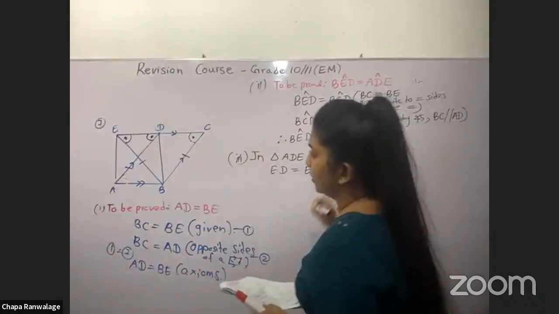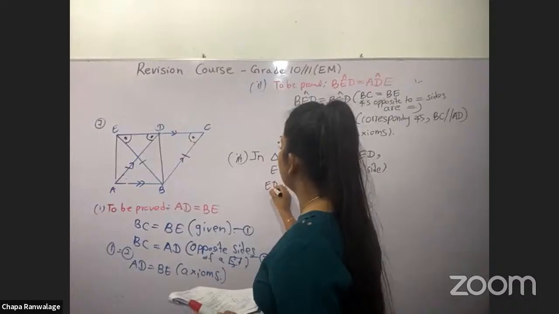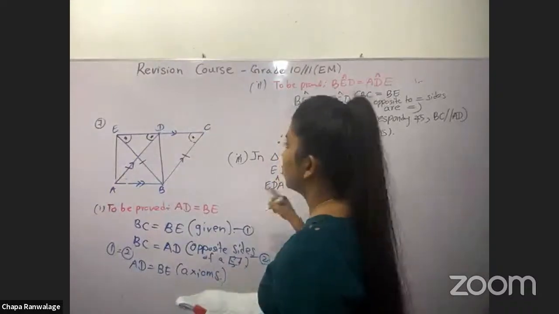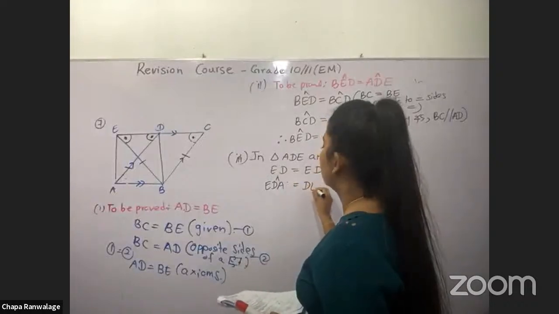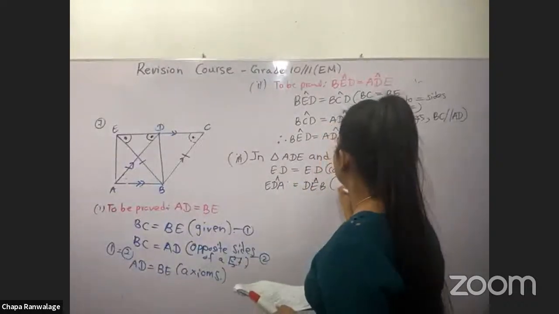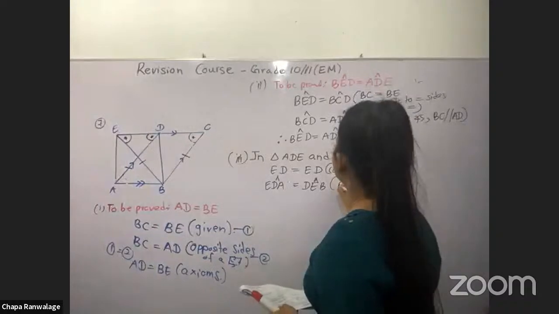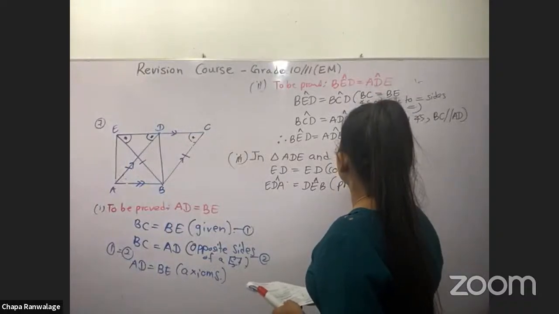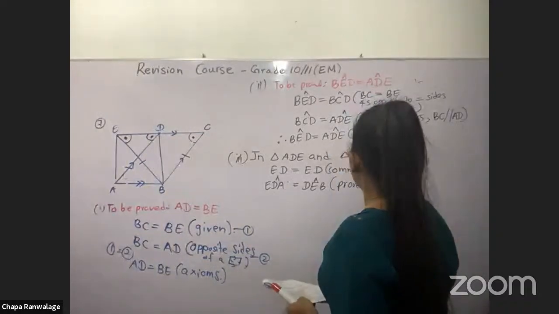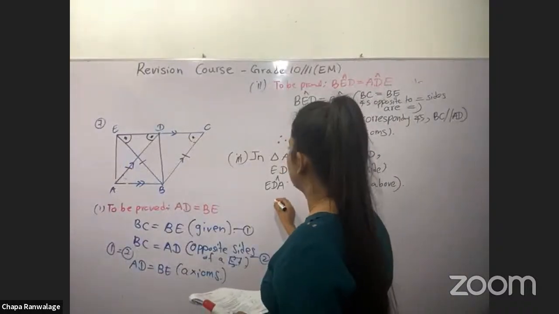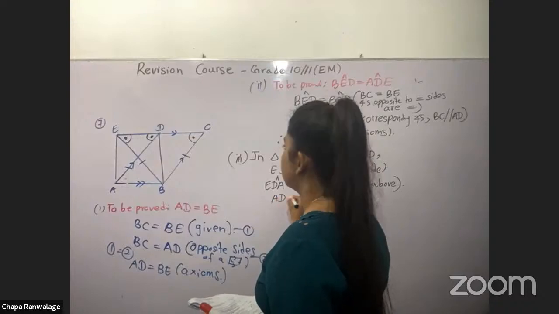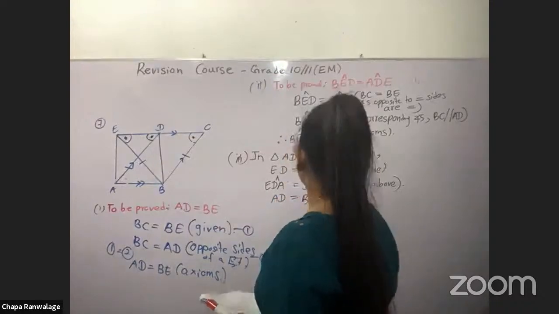Angle EDA equals angle DEB, proved above. And AD is equal to BE.